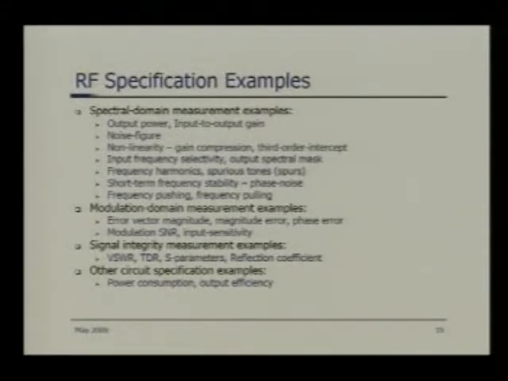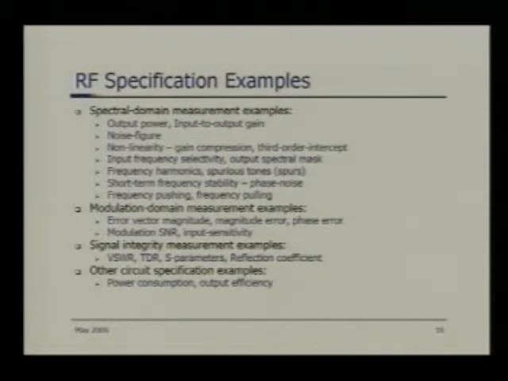Now, if you have a 100 ohm load instead of 50 ohm, the question is, will the frequency stay at 1.5 gigahertz or will it move around? So frequency pulling is the delta variation in the frequency of the RF synthesizer or RF oscillator with respect to the load impedance variation.